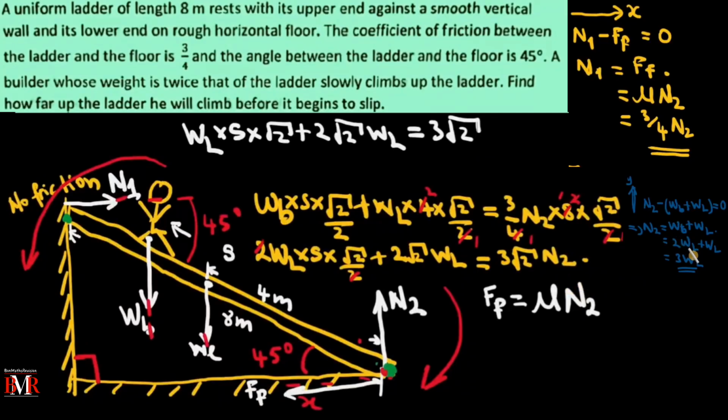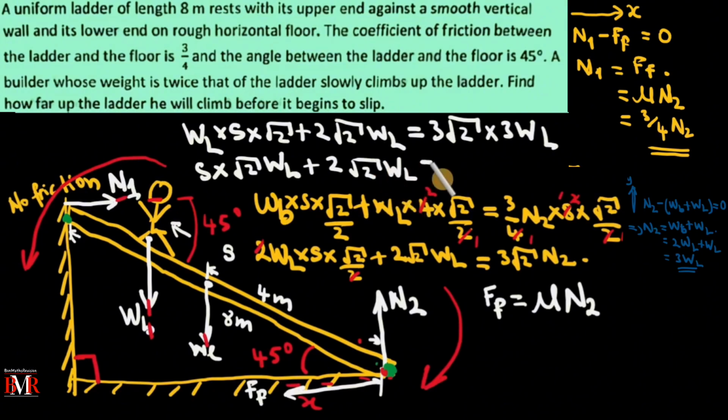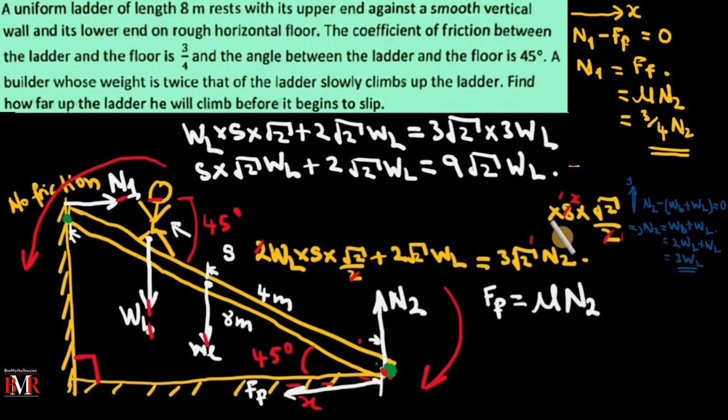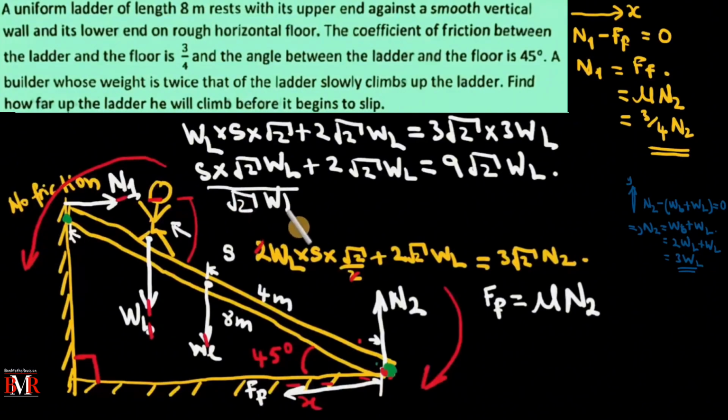Earlier I calculated N2 to be 3WL, so this is times 3WL. I can arrange this as s times root 2 WL plus 2 root 2 WL, that's equal to 3 times 3, which is 9 root 2 WL. Root 2 WL is common, so I can divide each term by root 2 WL.